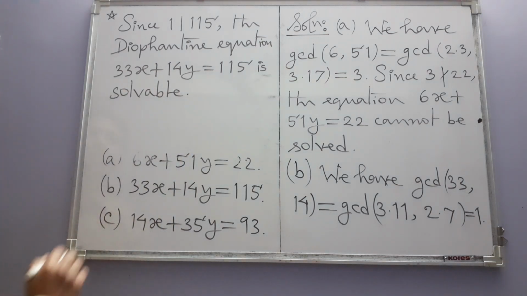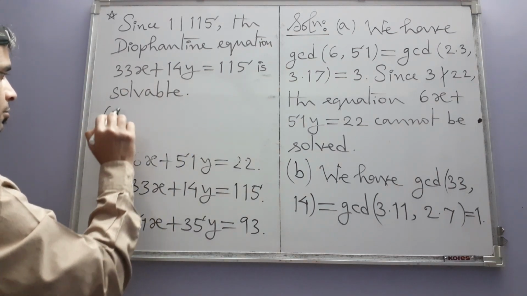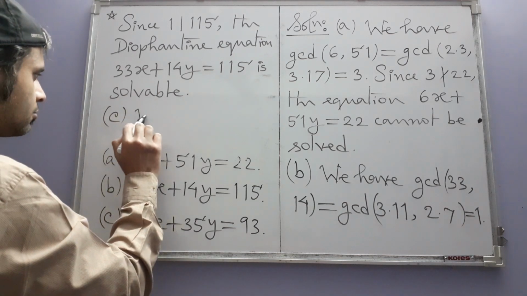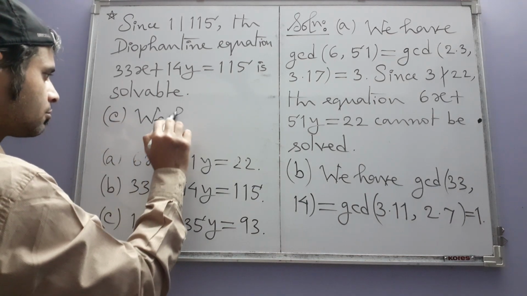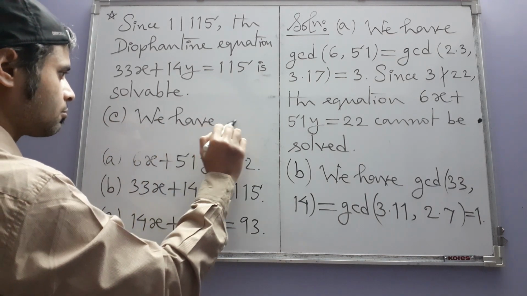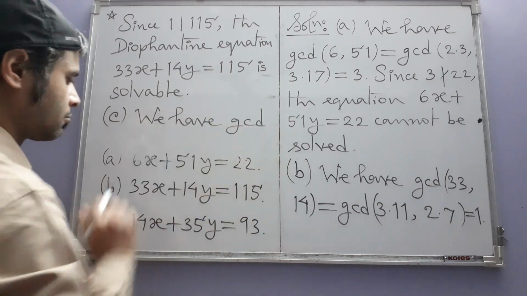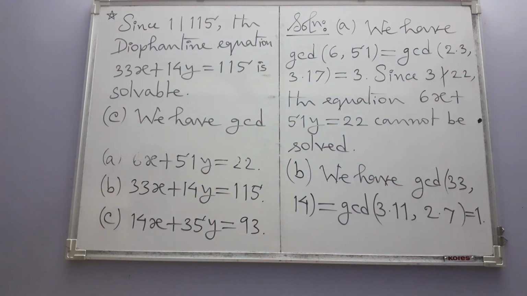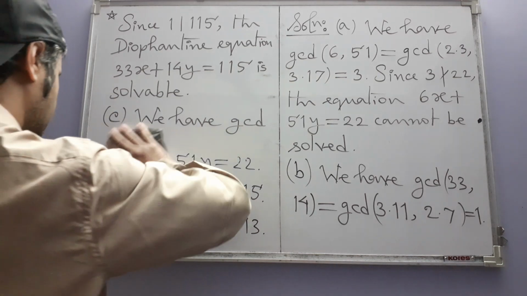Next, part C. Here the numbers are 14 and 35.